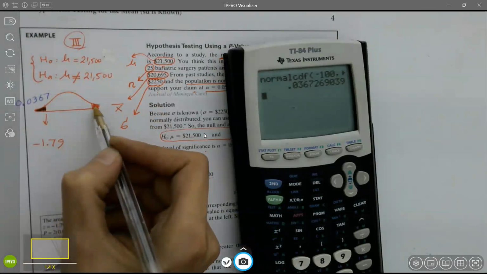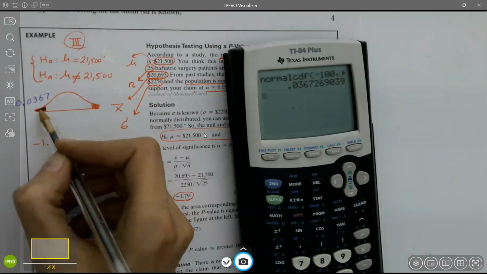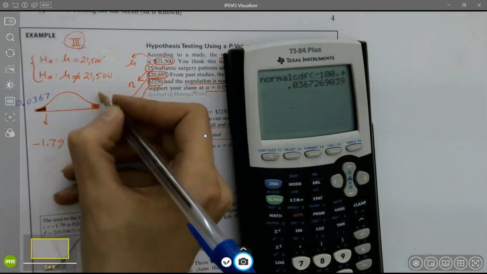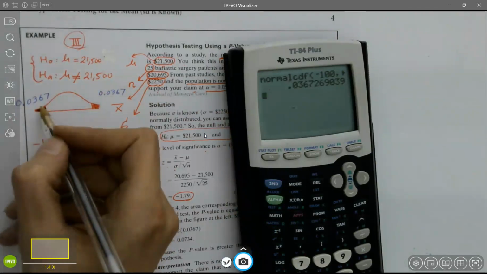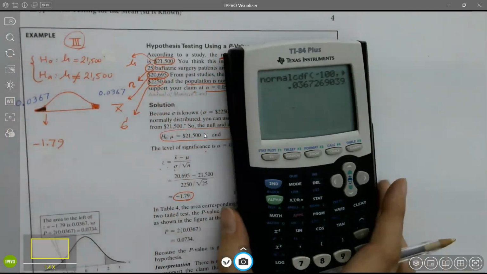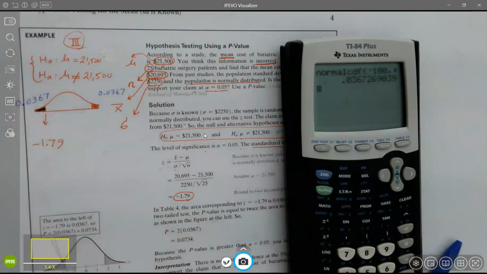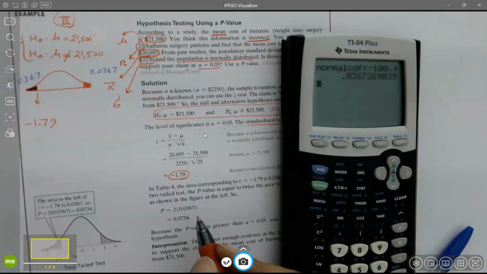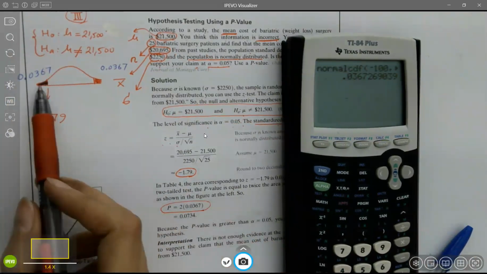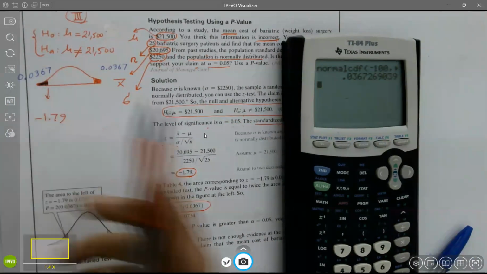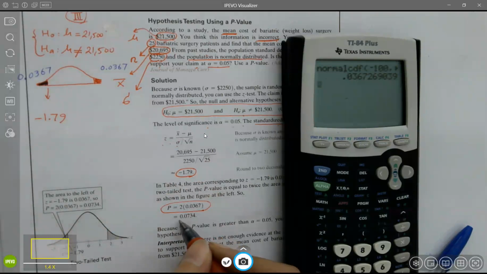So the p-value is the sum of these two areas, or just multiply one of them by 2. So your p-value is equal to 2 times this little area on the left-hand side, which gives you 0.0734. This is your p-value.